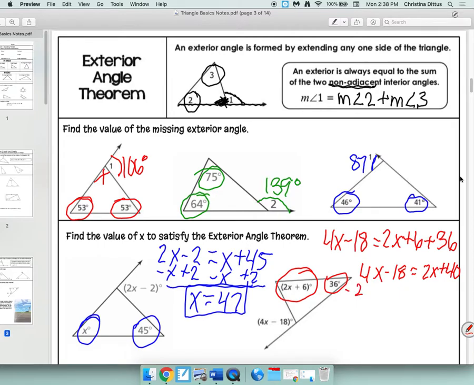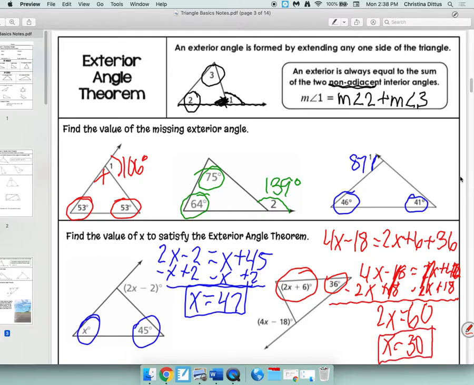Subtract your 2x, add your 18. Oh my bad, 42, sorry. Equals 60, yeah? There we go. And x is 30. Thank you for catching that.